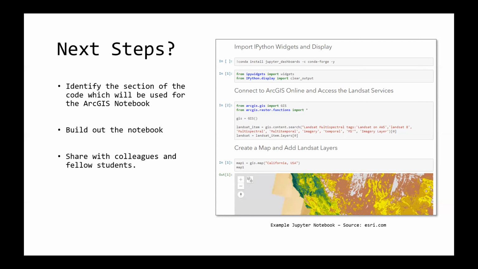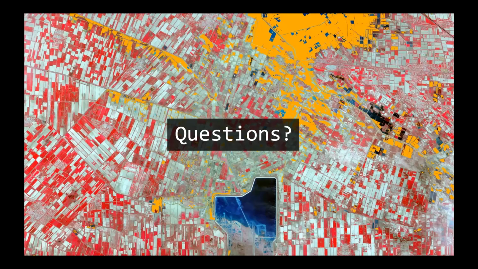And then finally share that ArcGIS notebook with fellow colleagues and students, as well as submit it for my capstone project. So with that, I'm done, and I will open it up for questions.